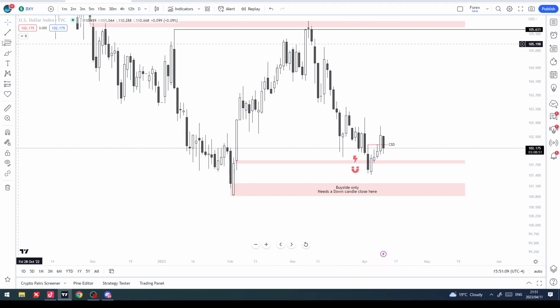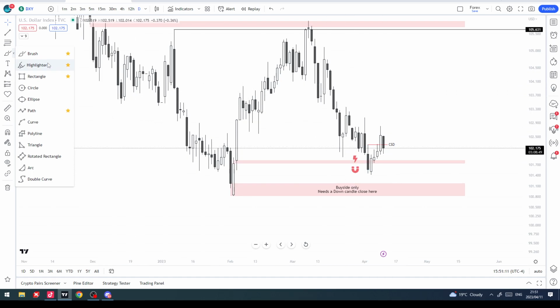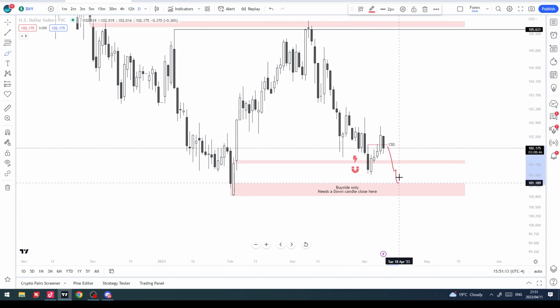So chances are that this does go at some point and fill this out. This is the level that we want run. We want them to print a down candle, and we want the down candle to be the lowest candle. Let them give us a run like this, and then this, right?